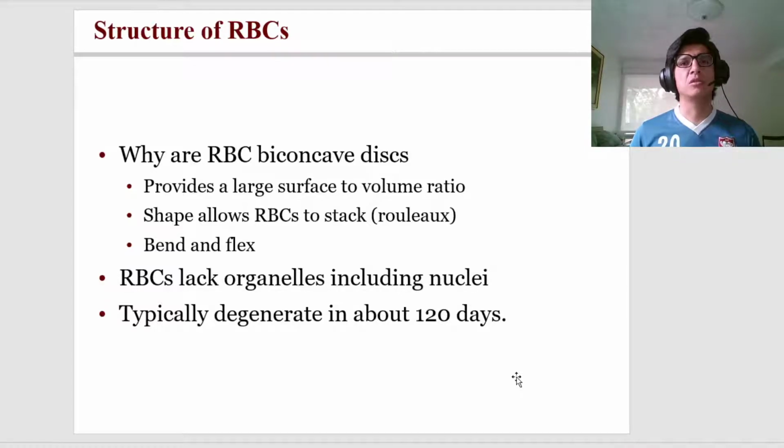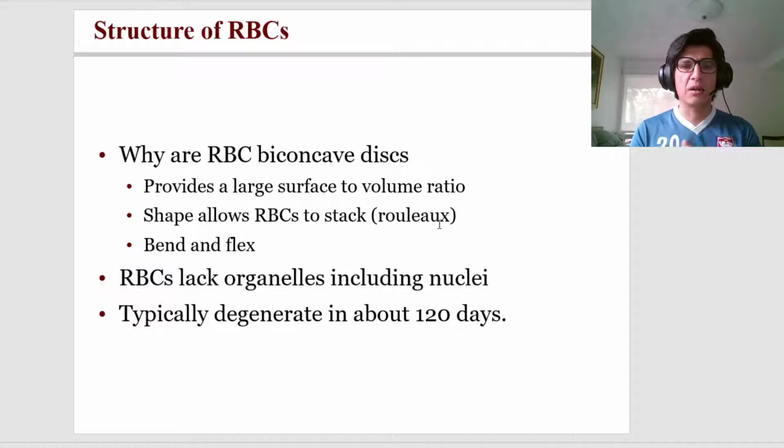The concentrations of the large quantities of hemoglobin, the biconcave shape of the cell, all of these properties allow there to be greater exchange. The shape allows it to create these stacks. Basically, they create these trains of red blood cells called rouleaux that allow them to traverse the small aperture of capillaries in a more smooth manner.